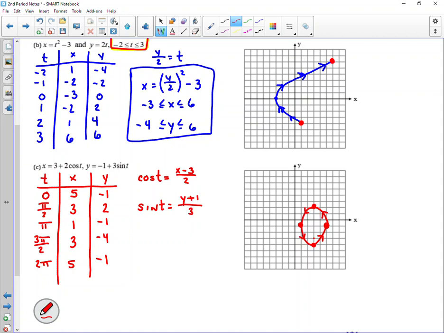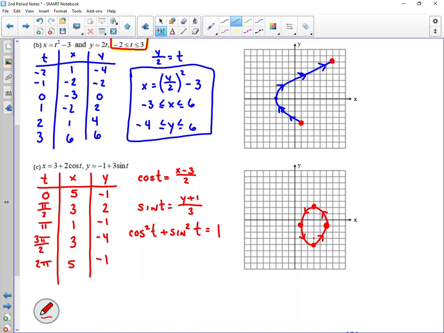So Michael, you said trig identity. Which one do you want to use? Or anybody? Cosine squared plus sine squared equals 1. Okay. So cosine squared t plus sine squared t equals 1.